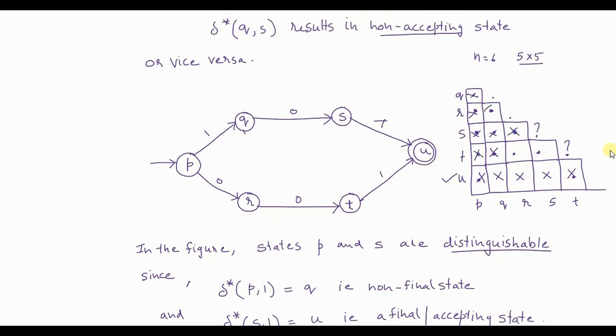For example, say this cell is not marked. That means it is found that R and Q are not distinguishable. Suppose this cell is also not marked at the end. So which simply means that state R and state Q are equivalent.